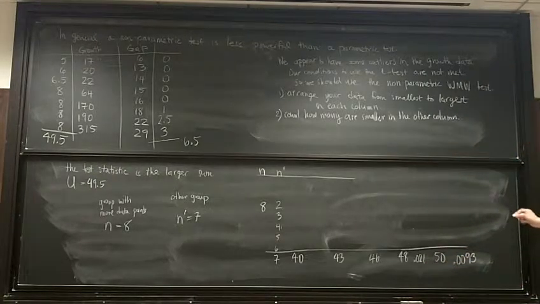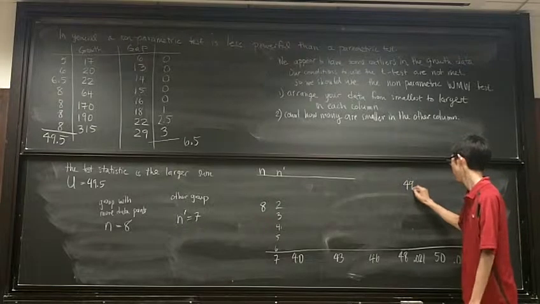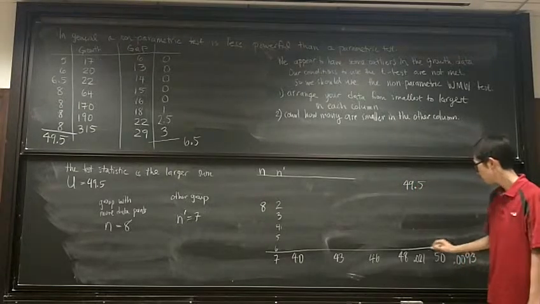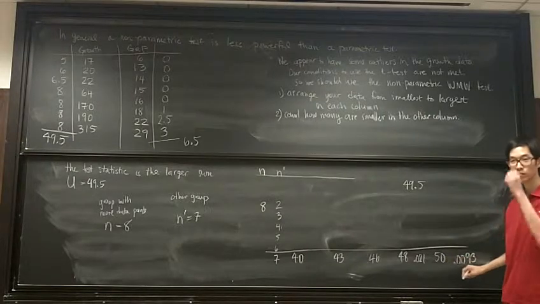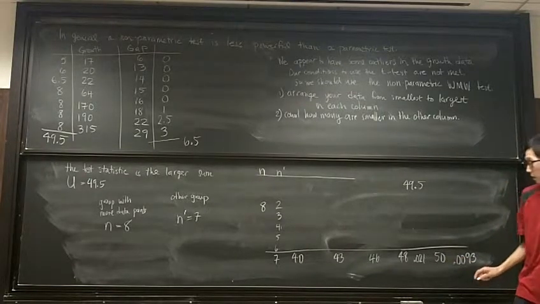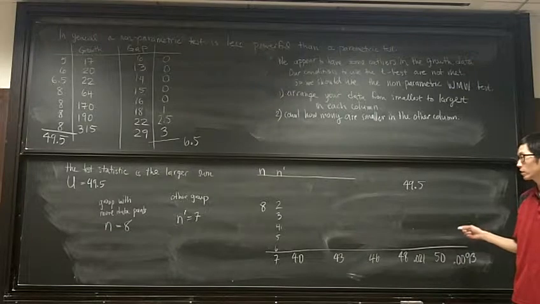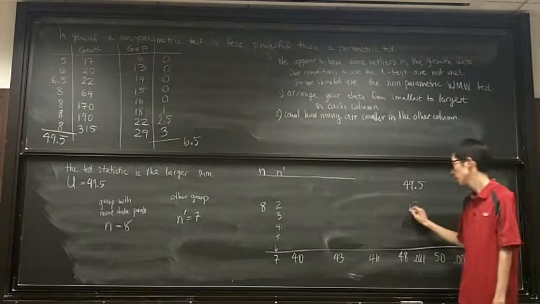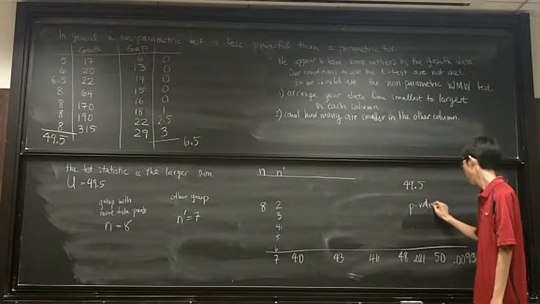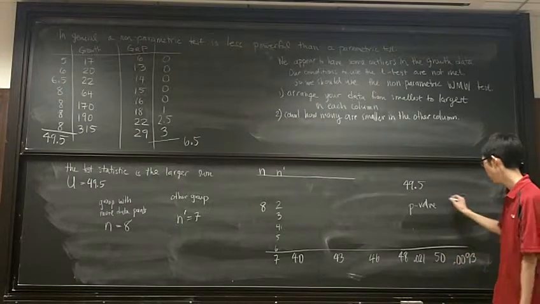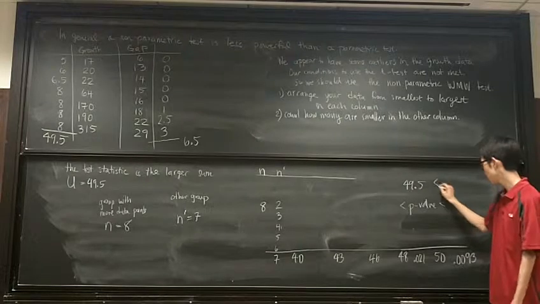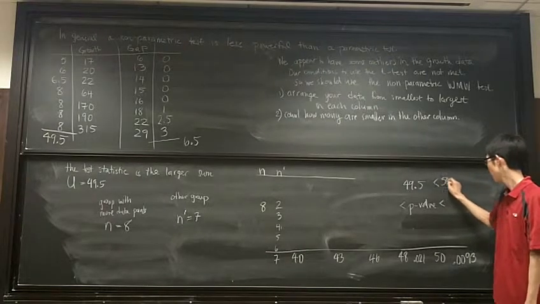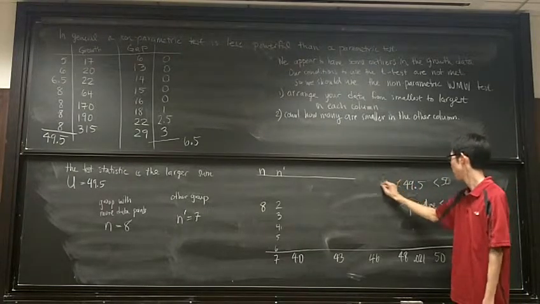Okay, so our number 49.5 falls in between 48 and 50. So my p-value is going to be in between. I don't know exactly what it is, but 49.5 is in between 50 and 48.